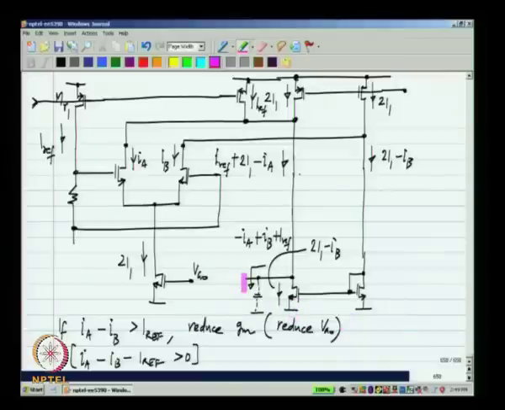So you can go through the synthesis yourself and make sure that it is in the correct direction. So all I have to do is to connect it here. Now what happens, this voltage will reach a steady state, it will stop varying only if this term equals 0, that means that IA minus IB equals IREF, okay, and that is exactly the condition that we wanted, okay.